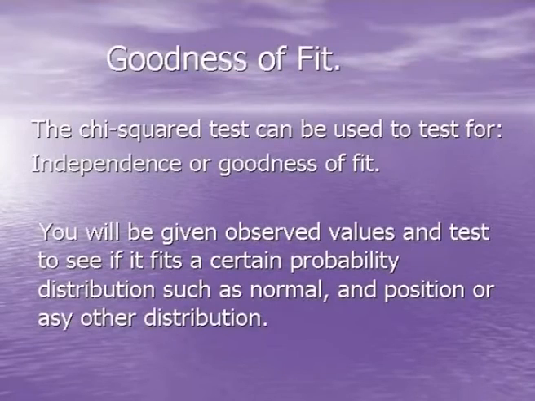In goodness of fit, we use different types of statistical distributions like the binomial distribution, normal distribution, Poisson distribution, or maybe some other distributions, such as the exponential distribution. We compare the values of these distributions with the observed value, the actual value we get from the sample.